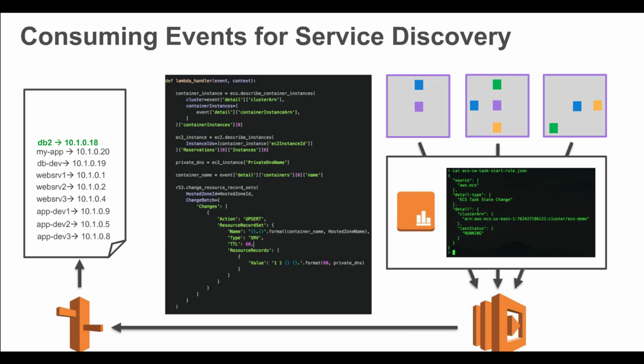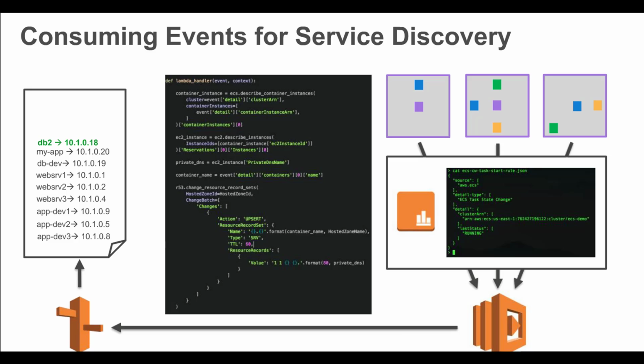And if you can see the JSON there, it is an event rule that says that when the state change happens on the task, this is what you need to emit. And the last status was running. And that got emitted. We catch that through Lambda, and through a few lines of Lambda code, we can do an upsert operation on the resource record set on Route 53.